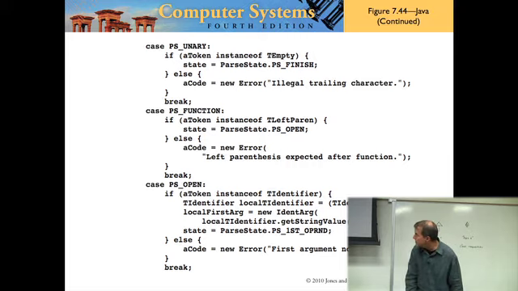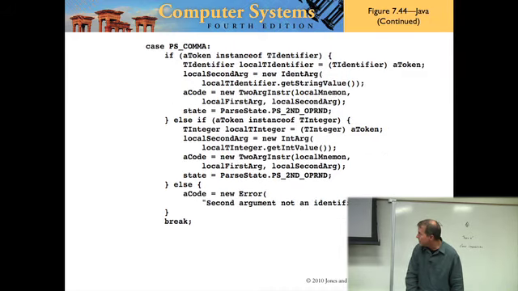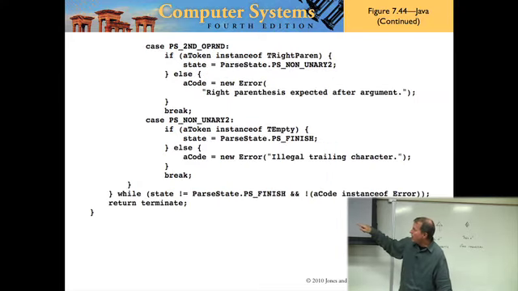So here's ps unary, ps function, ps open, ps first operand, ps non-unary, ps comma, and now at the very end it's while what? State is not equal to parsestate.ps finish and not a code instance of error. And then what do we return?